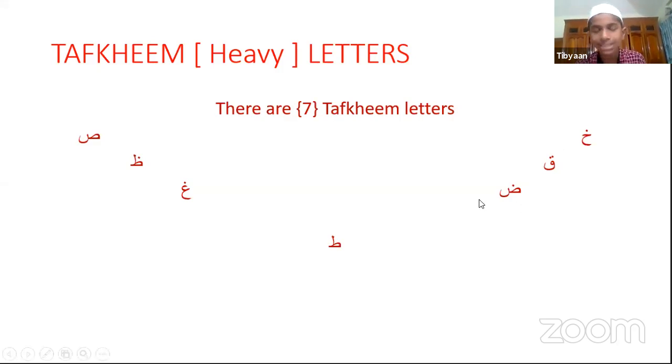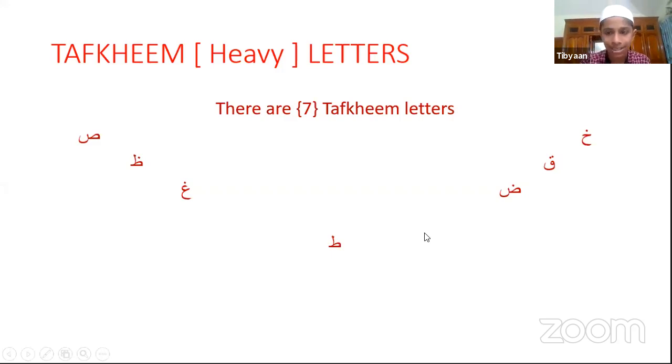Because for these we use our full mouth, and we make our mouth round shape. When I pronounce these letters, you can see my mouth fully becoming round, as well as high pitched, and I'm using my whole mouth. So kha, kha, round mouth and full mouth. Kha, sa.